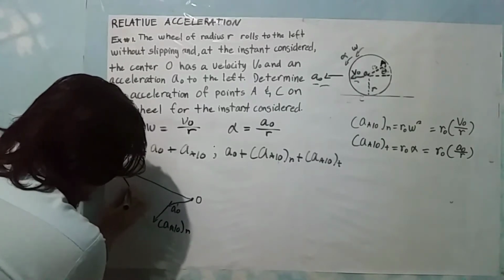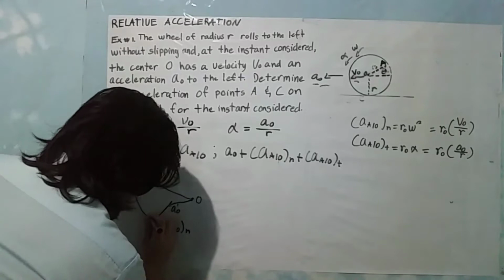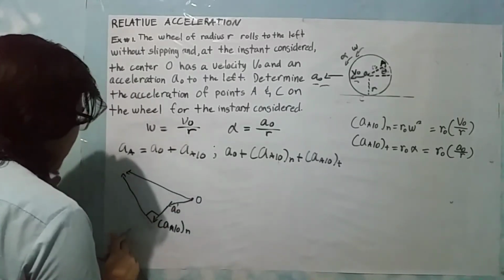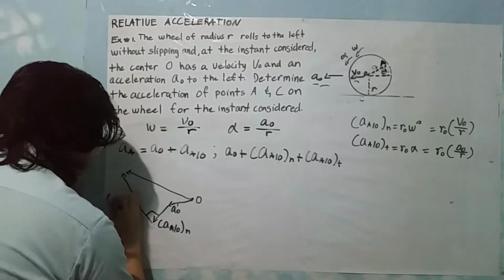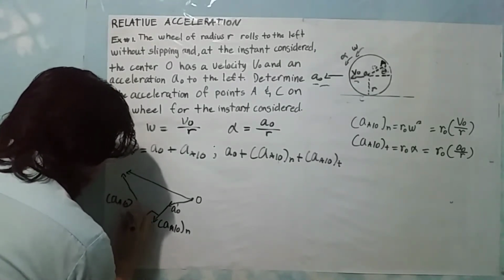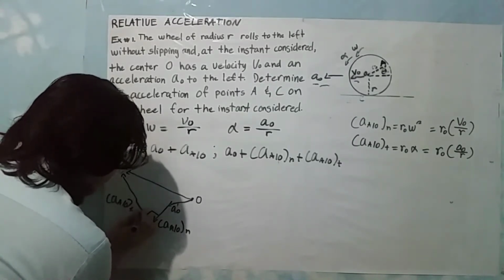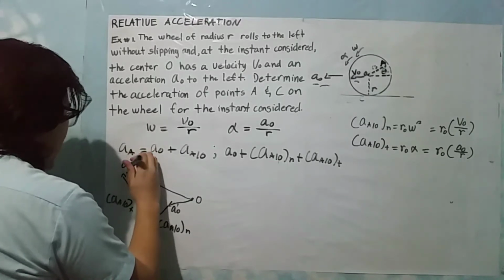So let's say this is 90 degrees. This will be the acceleration of A and O tangential. Okay, and then this is the acceleration at point A.